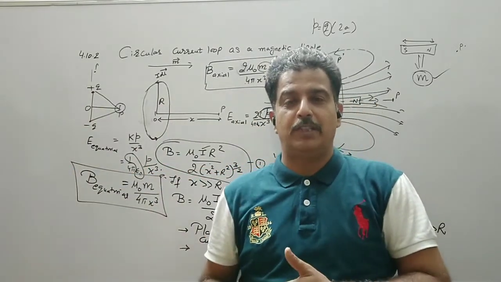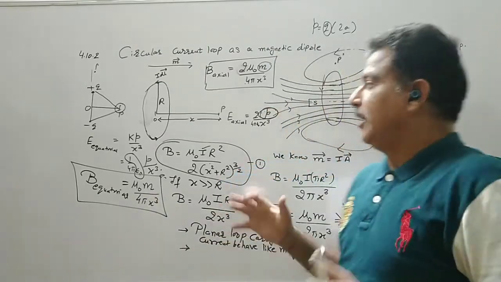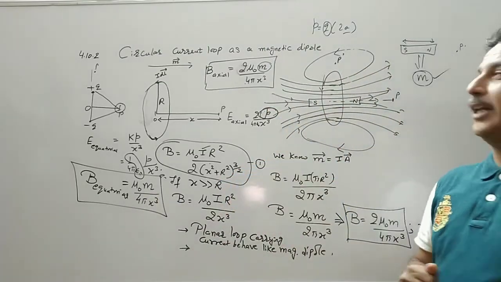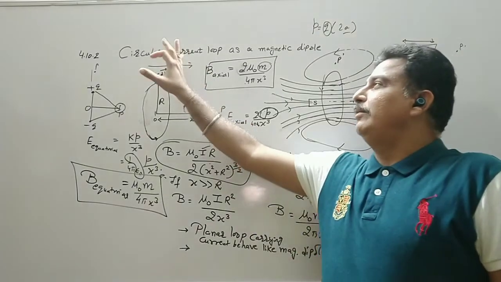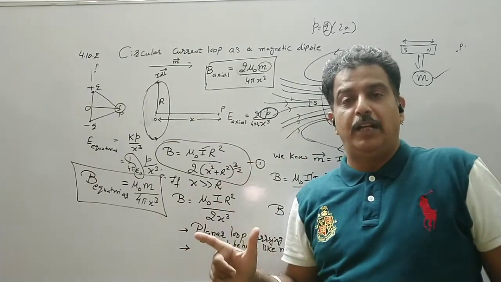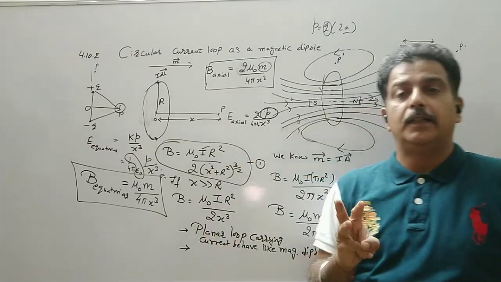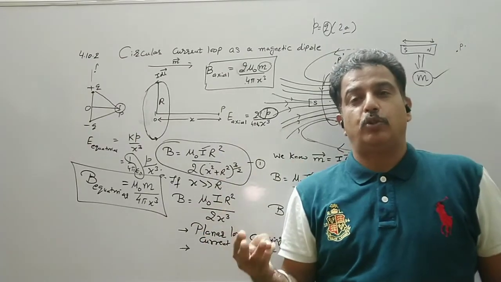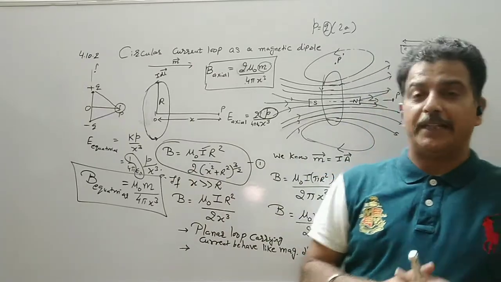That is our previous topic, that a torque acts on a rectangular loop carrying current I placed in a uniform magnetic field. So this is the property of any current carrying loop. One, it produces the magnetic field. Second, it behaves like a dipole. And third, it is subject to a torque when we place it in a uniform magnetic field.